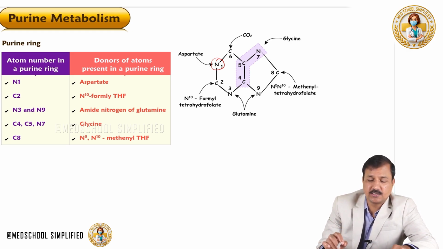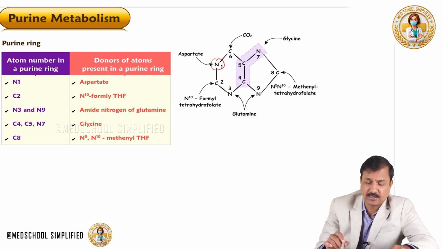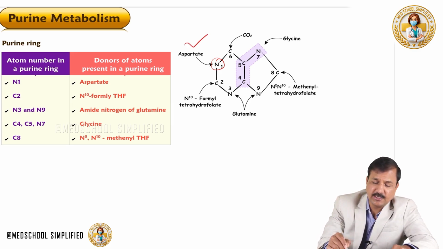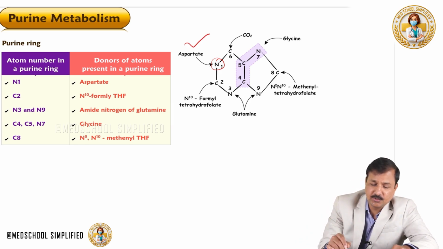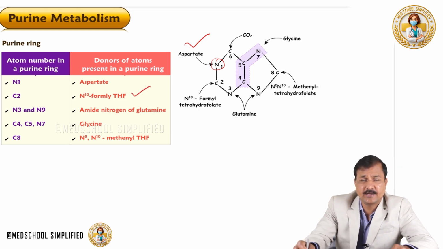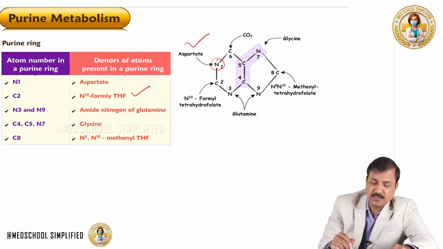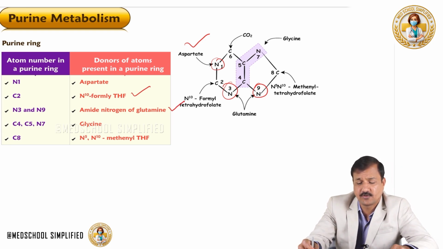Now let's look at the donors of each one of these atoms present in a purine ring. N1 is donated by the amino acid aspartate, and carbon 2 is coming from N10 formyl tetrahydrofolate. Then nitrogen 3 and nitrogen 9 will come from the amide nitrogen of glutamine, that's the side chain nitrogen of glutamine.